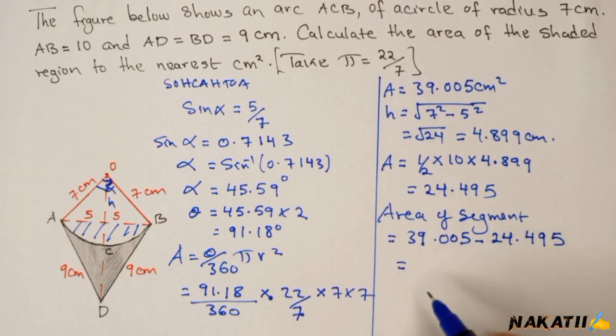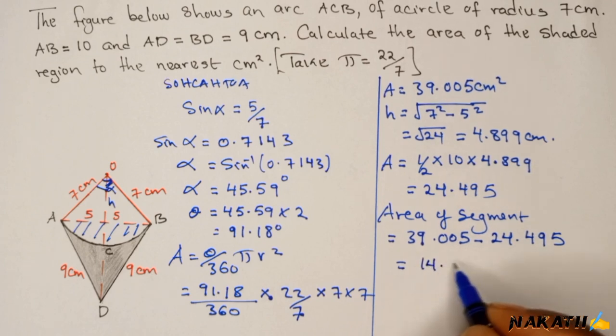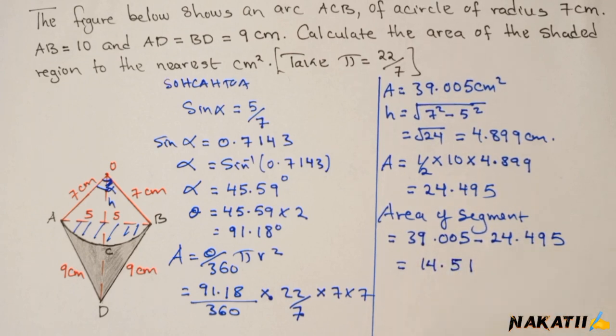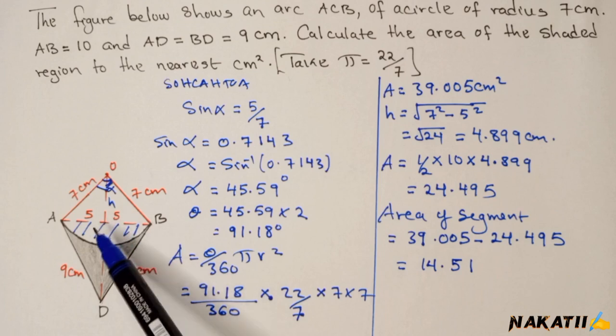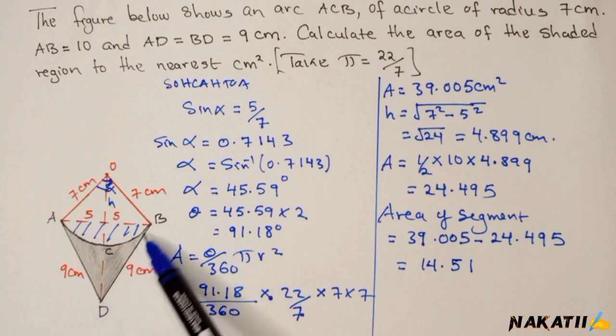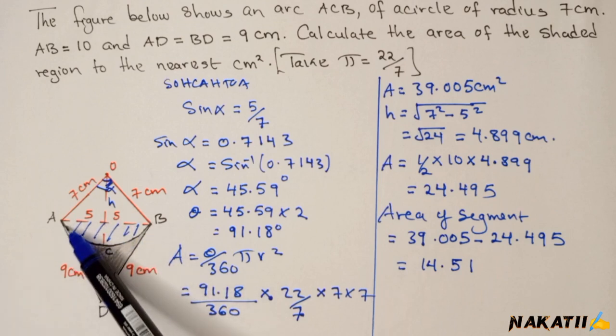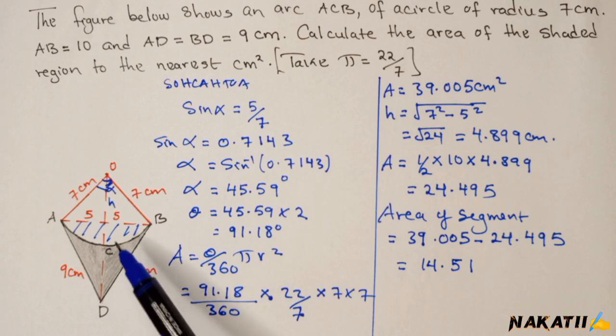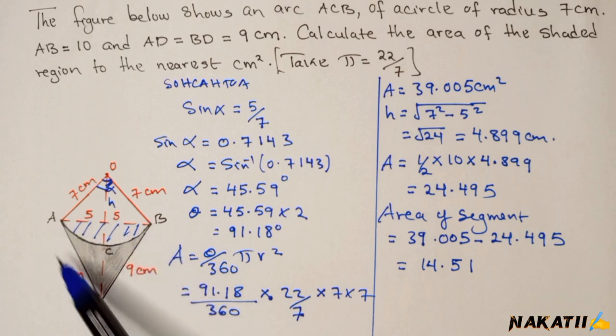This gives us 14.51. This here is now the area of this segment. To get the area of the shaded part, we just get the area of this triangle, we minus this segment, and we will have our answer.